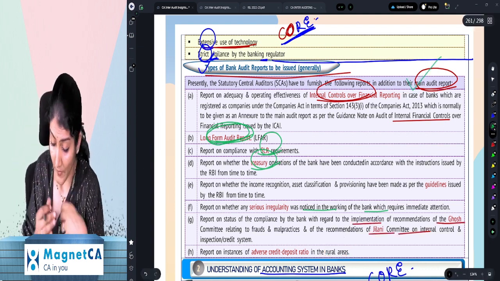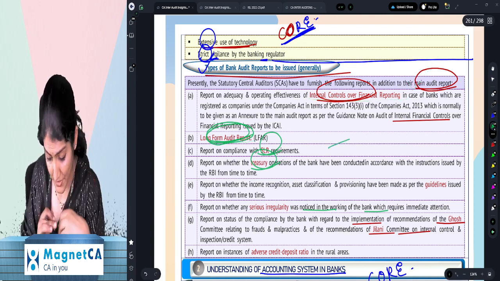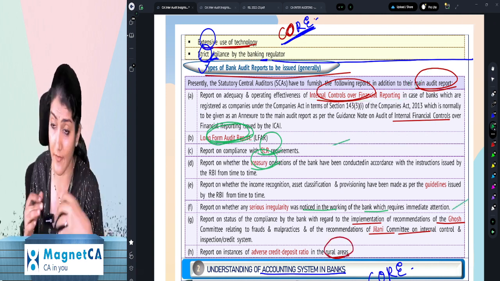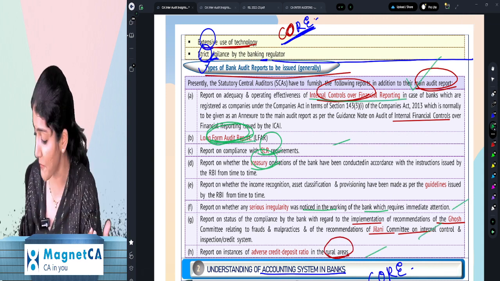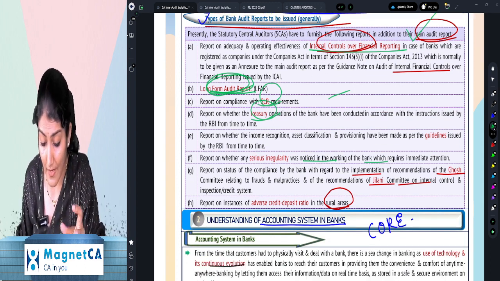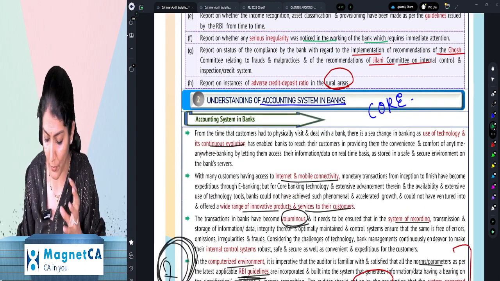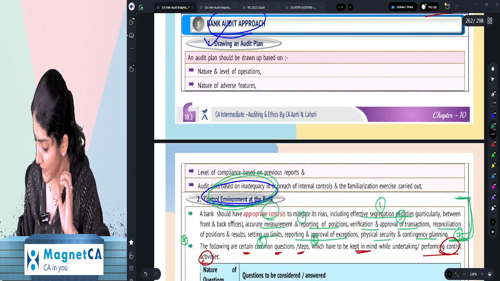True and fair. In addition to that, IFC, LFAR, then SLR, Treasury, then RBI guidelines, serious irregularity, and the Ghosh Jilani committee recommendation, and the adverse credit deposit ratio in the rural areas. Right, so these are the types of bank audit reports to be issued.